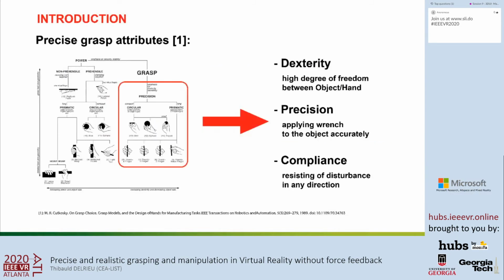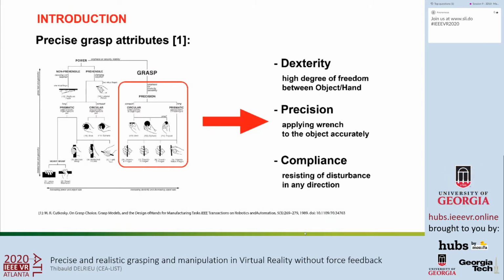In particular, there is the precision grasping task. According to Kutkowski, there are two main grasping types that humans could perform. The power grasp, which is the well-known grasp type, and which consists of grasping with the full hand.